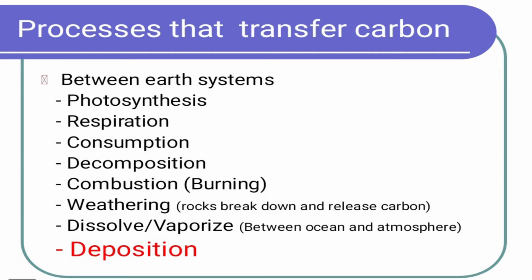The processes that transfer carbon between the earth systems are photosynthesis, respiration, consumption, decomposition, combustion, meaning burning, and weathering, which occurs due to rock breakdown, and release carbon, dissolve or vaporize it between ocean and atmosphere, and deposition.